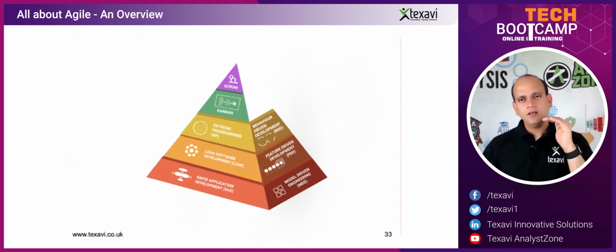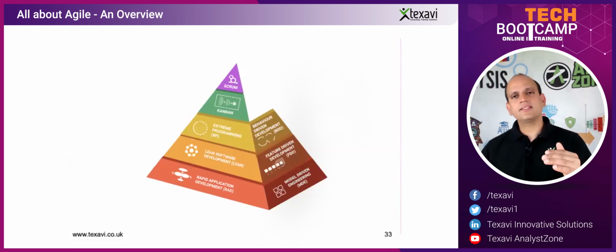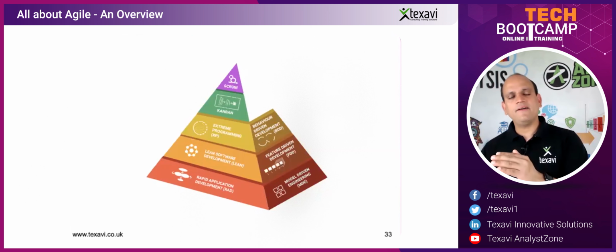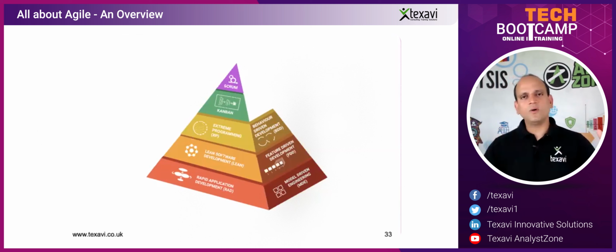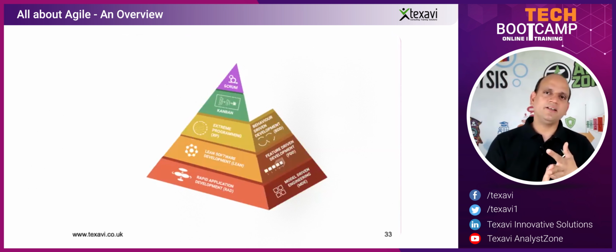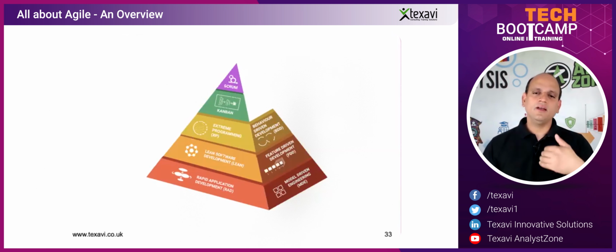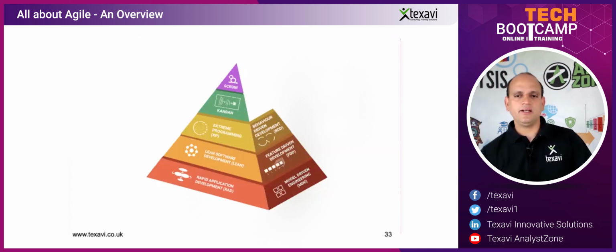You write given something, when something happens, when the user does something, then it should have this expected behavior. That's called given, when, and then. Just like a user story should have: as a user, I should be able to do this so that I can get this benefit. That's the format of a user story. Similarly, BDD scenarios are written this way. Again, we'll go in depth into each of these.